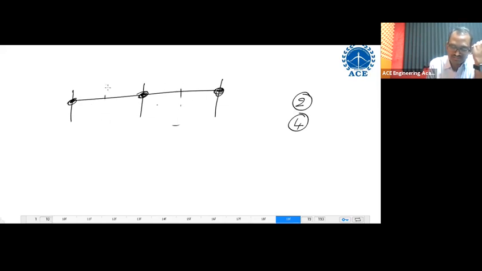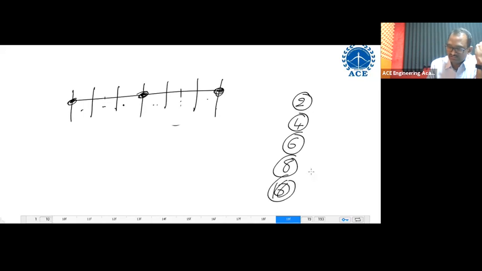You can do it like this. This interval must be split up into 2 equal parts. This interval must be split up into 2 equal parts. How many? 1, 2, 3, 4, 5, 6. Next 8, next 10, 12, and so on.